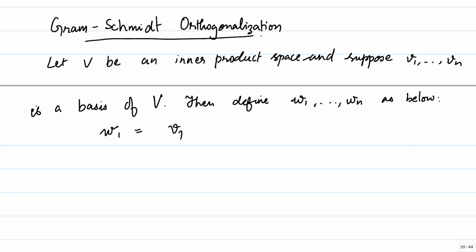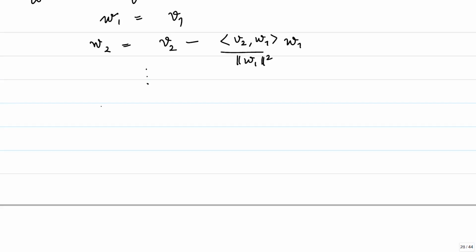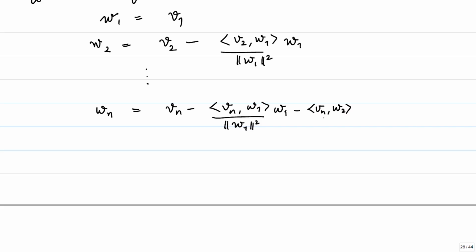W1 is equal to V1. W2 is equal to V2 minus the inner product of V2 with W1 by norm of W1 square into W1, and so on, inductively up to Wn, which is equal to Vn minus the inner product of Vn with W1 by norm of W1 square times W1 minus the inner product of Vn with W2 by the length of W2 square times W2 minus dot dot dot minus the inner product of Vn with Wn minus 1 by the length of Wn minus 1 square times Wn minus 1.